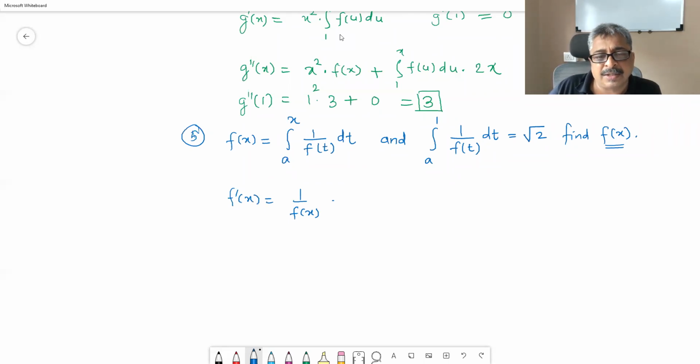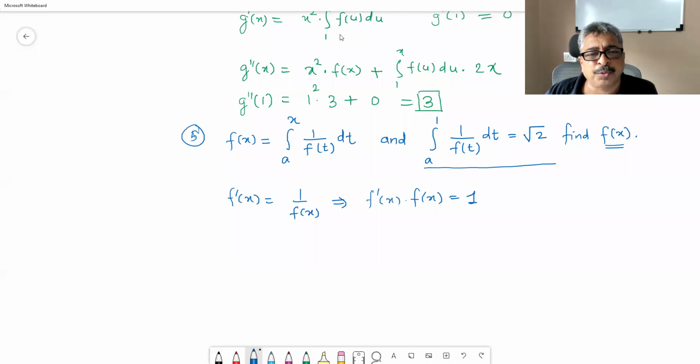That is the direct one-liner solution that we get. So f dash of x into f of x is equal to 1. This information is unnecessarily given. If you put x is equal to 1, you end up getting this. Therefore, this implies f of 1 is equal to root 2. That is the implication of the second integral quantity.